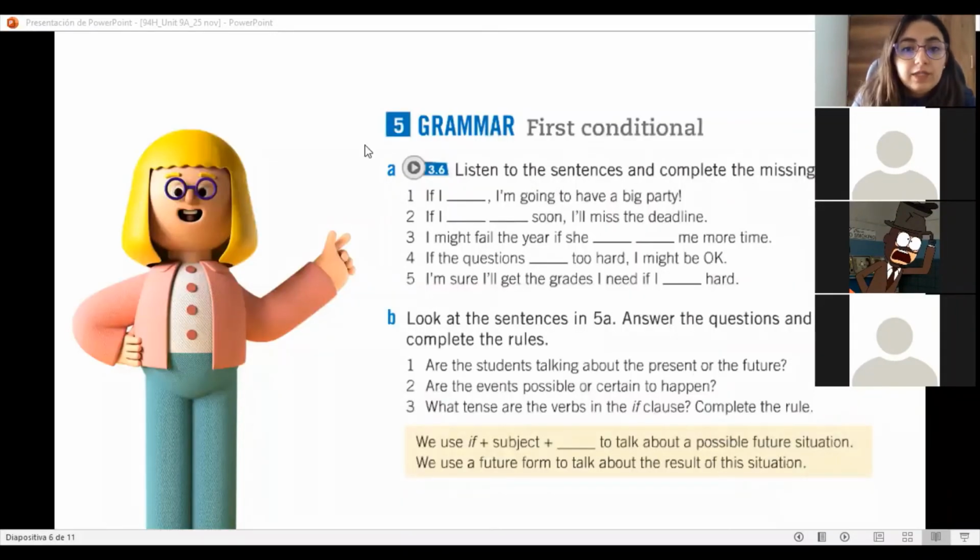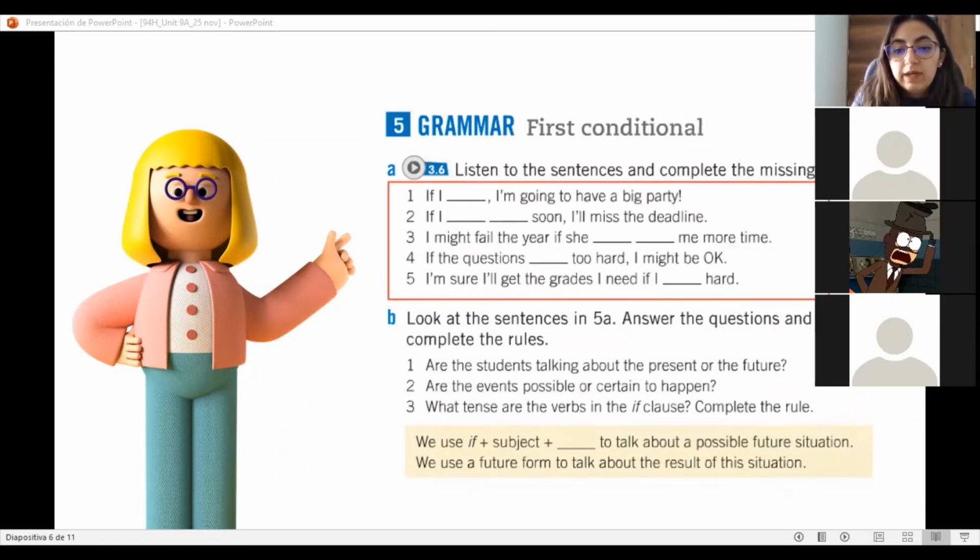You are going to listen to a short recording of people saying these 5 sentences over here. What I want is that you help me completing the blank spaces we have right here. Okay? Me van a ayudar a llenar los espacios en blanco en este caso. Let me share the sound so you can listen to the recording. Pay attention, guys, so you can help me completing.